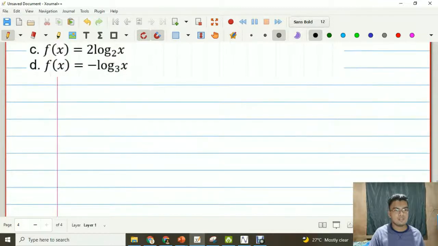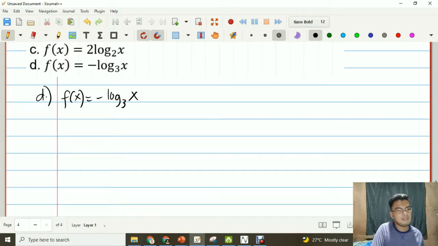For the fourth item sa ating example 1, we have the function f of x is equal to negative log base 3 of x. So, for our equation here, we just replace f of x using y. Y is equal to negative log base 3 of x. For our table of values, gagamitan natin siya.